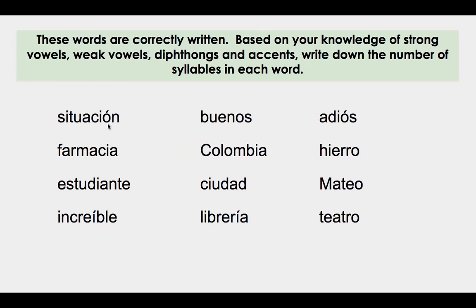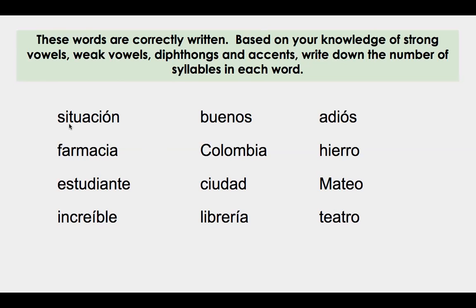Here's another pair of vowels. How do we know that this is a diphthong or not a diphthong? Well, if the I separated from the O, then the I would have an accent mark, but it doesn't. It's the O that has an accent mark, the strong vowel.